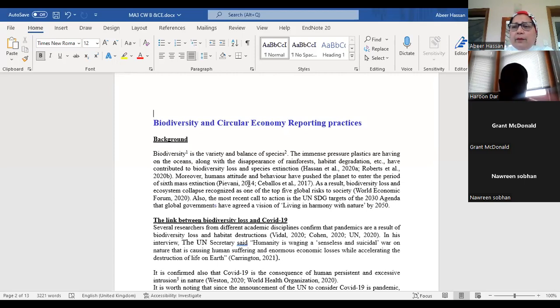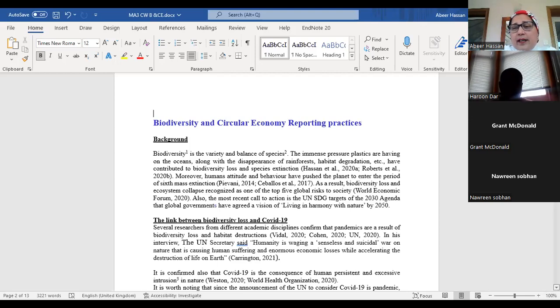I will upload more of my papers on biodiversity for you to read. And of course, you are very welcome to cite other academic resources, books, papers, etc. You have to understand what biodiversity is, and then, because you are going to see whether companies report on biodiversity and circular economy, you have to understand them.